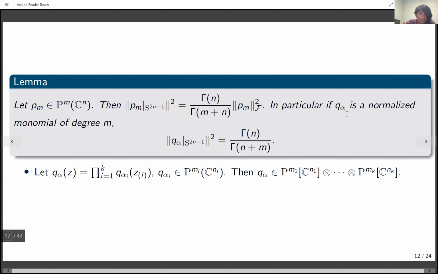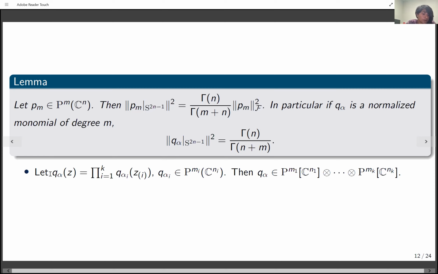In particular, if we take a normalized monomial Q alpha of degree m, the L2 norm on the sphere of Q alpha squared is just this quantity, because when you normalize it, this factor is just 1.